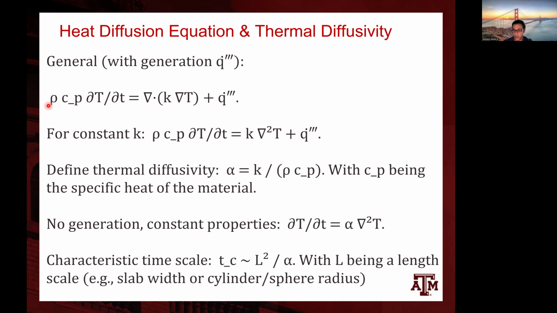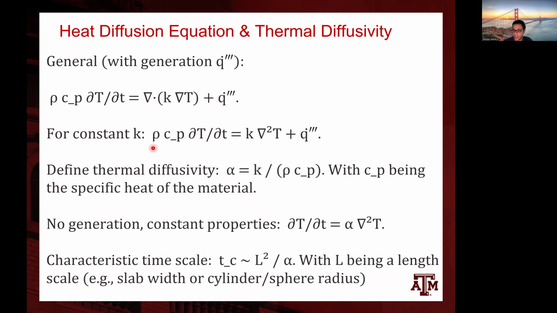If we assume constant density and heat capacity of the material, then this becomes simply the time derivative of the temperature. So the temperature will only change because things are diffusing or conducting from one place to another, or if there is a generation, a source term, inside the material. For example, in our case in nuclear engineering, inside the fuel, this is because of the fission events that are happening inside the fuel.